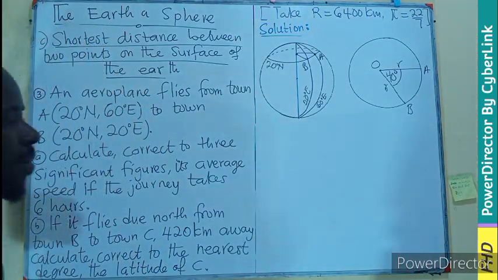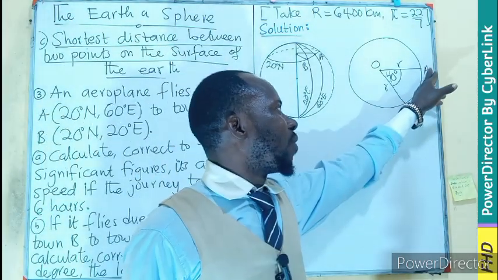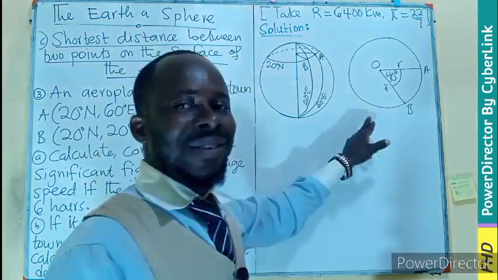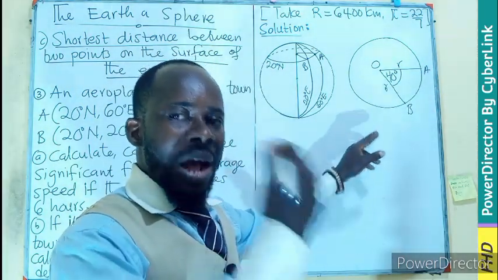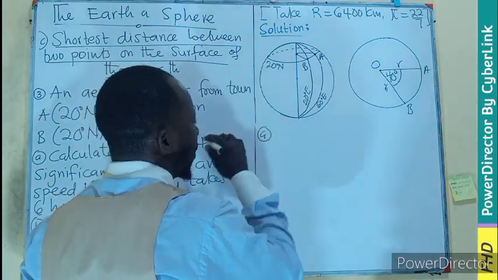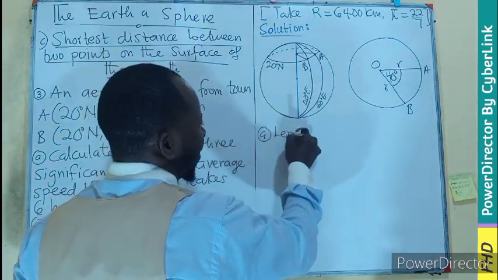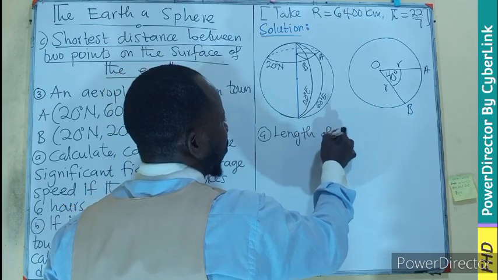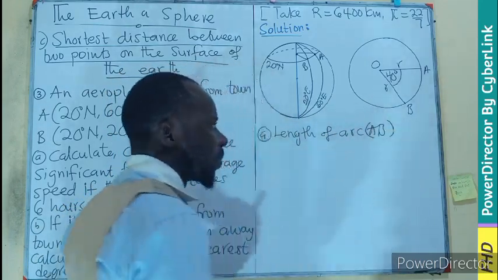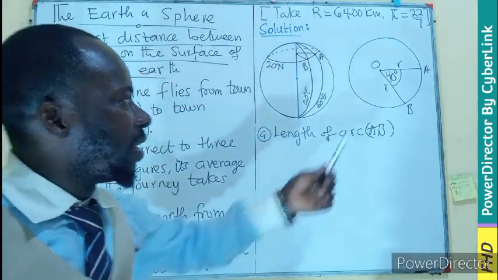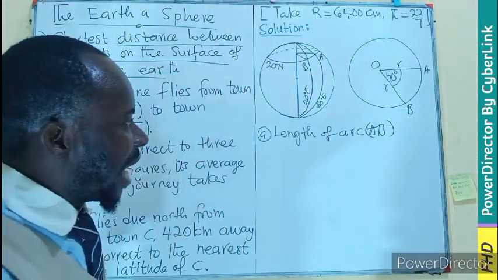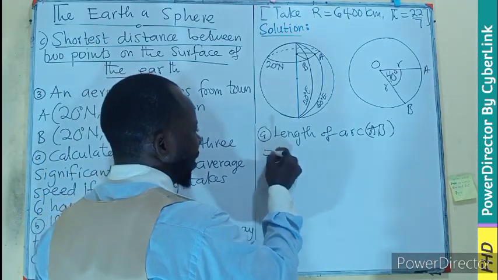Now what are we concerned about? We are concerned about the length of AB. That is why I'm looking for the distance between A and B. That will help us find the speed. So let's stay on A. We know that the distance is going to be the length of the arc AB, from A to B or B to A, it still remains the length of the arc. So remember the formula?